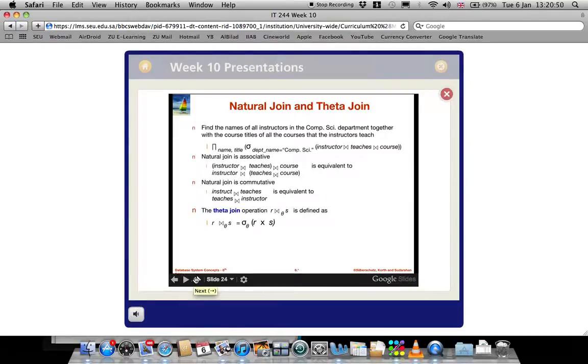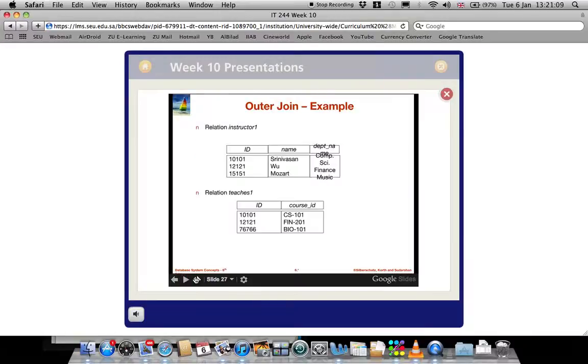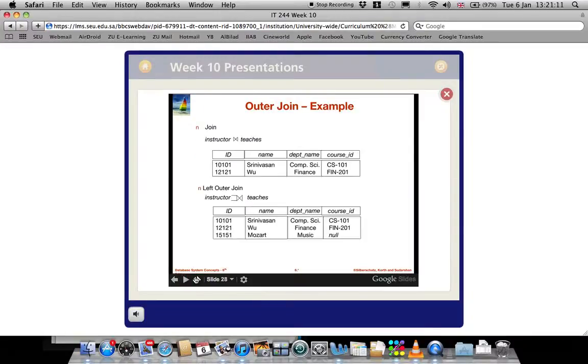To make sure we don't lose data, in case we need to show all the data, we use something called outer join. The outer join is also important that you understand very well. We've got three types: the right outer join, the left outer join, and the full outer join. You need to understand every one of them very well.